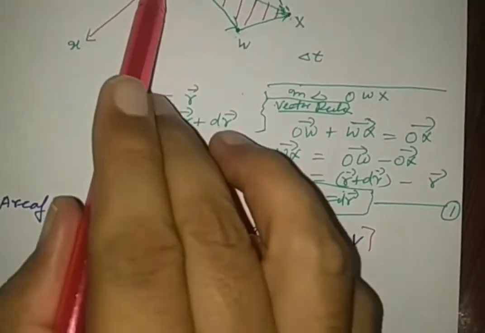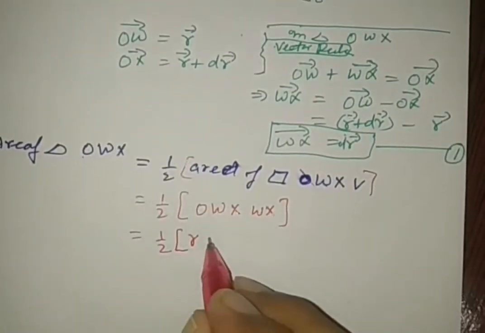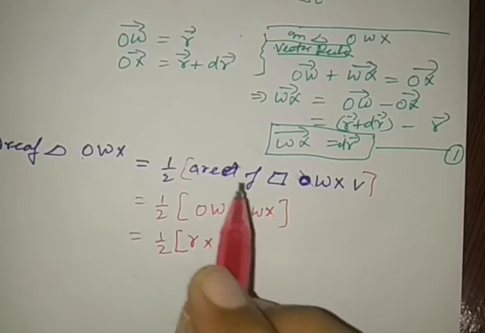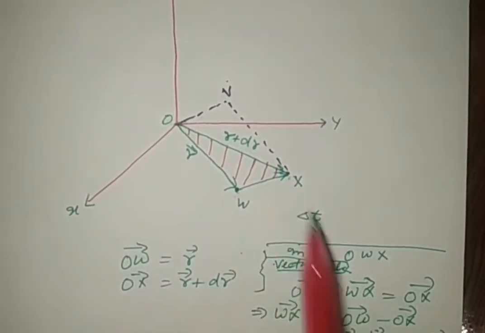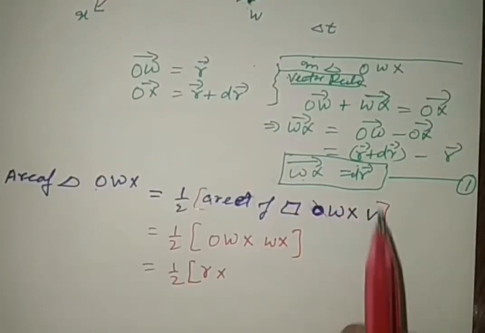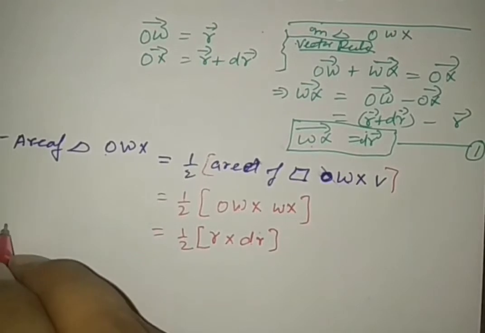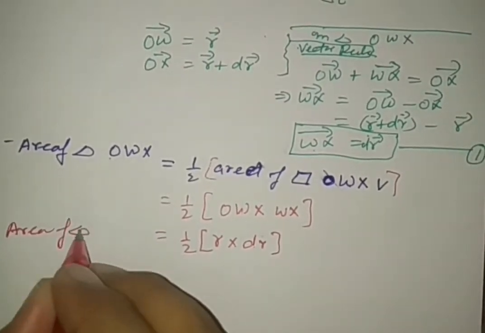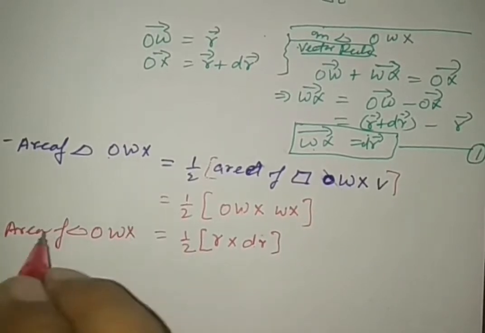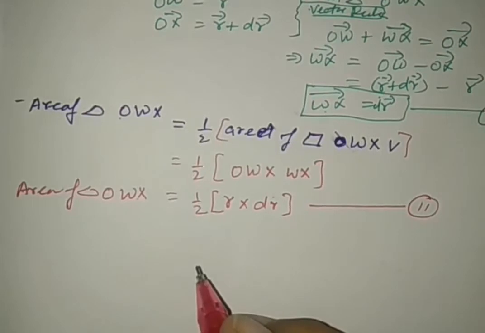OW is R, and WX we have obtained by equation 1: WX is dr. So the area of triangle OWX is half R into dr, represented by equation number 2.